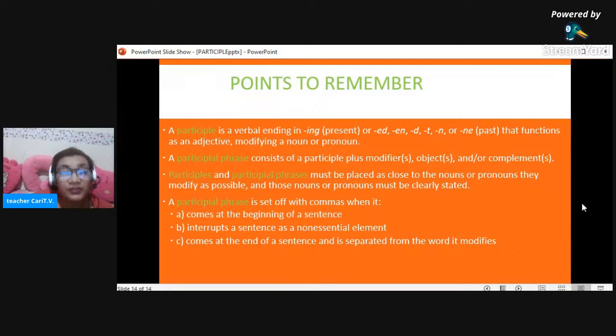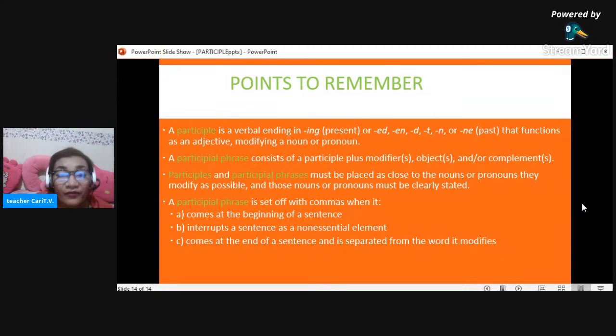A participle becomes a participial phrase when it comes with another word or words consisting of a modifier or modifiers, an object, and or complements. Participles and participial phrases must be placed as close to the nouns or pronouns they modify as possible, and those nouns or pronouns must be clearly stated.